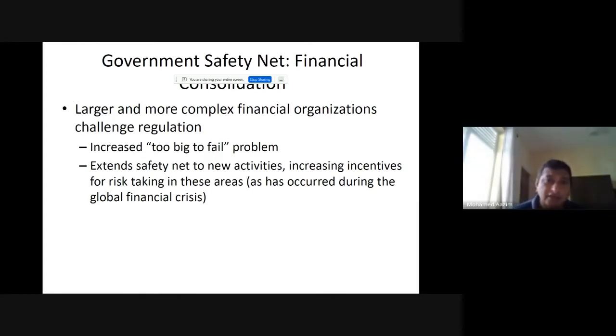And then, of course, too big to fail is another outcome of the considerations that we listed. And from another perspective, financial consolidation also contributes to the establishment of too big to fail financial intermediaries, and thereby affects the effectiveness of government safety nets.